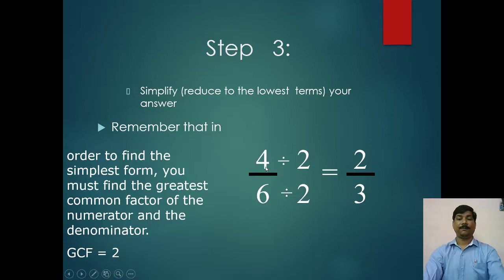So now we divide 4 by 2, getting 2. 6 divided by 2, getting 3. In this way, we get the fraction 2 upon 3. This 2 upon 3 is the simplest form of 4 upon 6. So 2 upon 3 will be the answer to your problem.